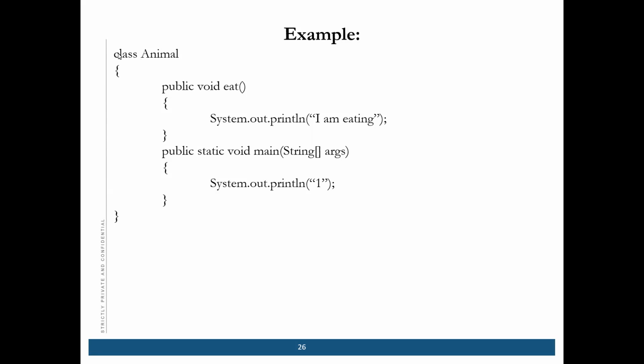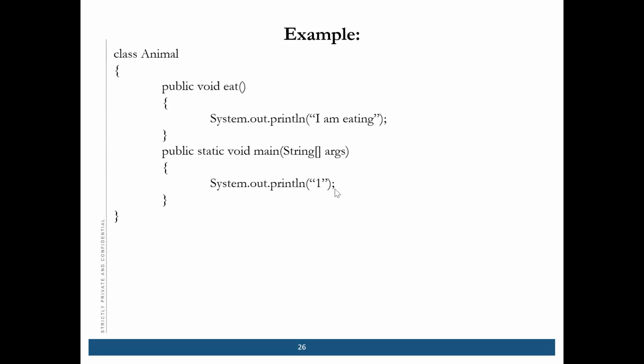I'm just explaining this. Inside the class Animal you have one method, which prints I am eating. And in the main method, you are printing 1.